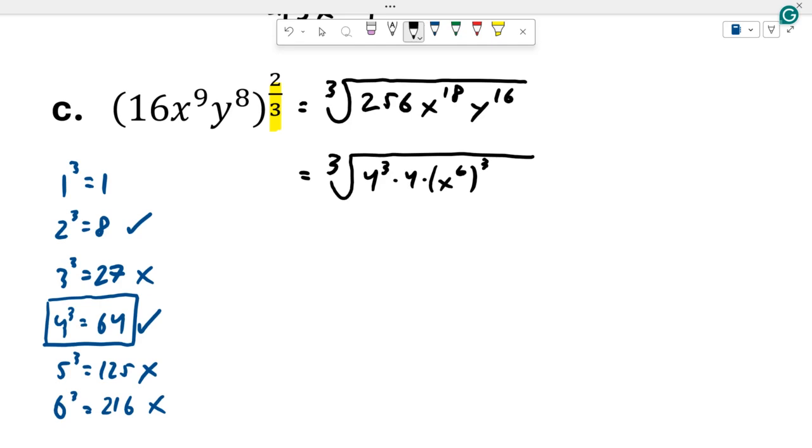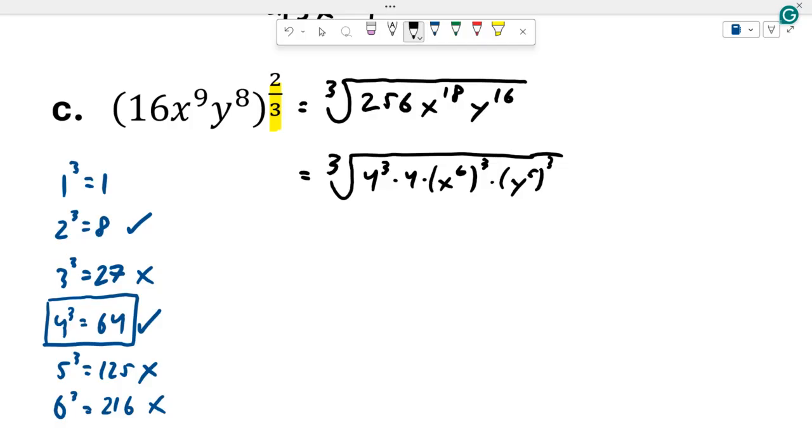Then we've got y to the 16th. So for y to the 16th, again, how many clusters of 3 can I get here? Well, if I express y to the 5th to the 3rd power, that's y to the 15.